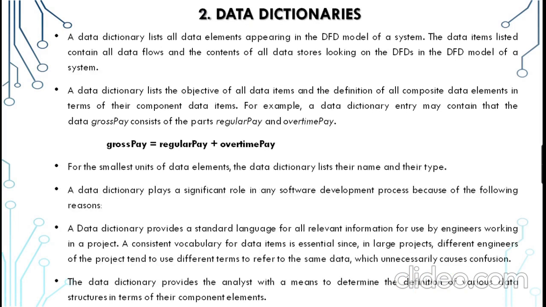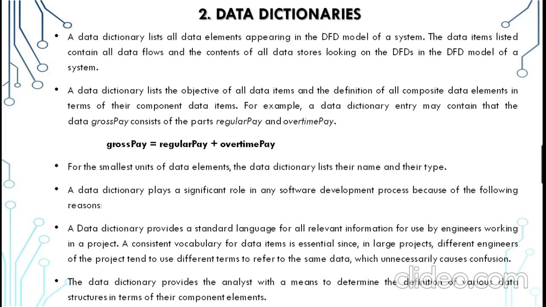Data dictionaries. The data dictionary is a collection of names, definitions, and attributes about the data elements that are being used or captured in a database, information system, or a part of a research product. Here, the data dictionary lists all the data items and the definition of all composite data elements in terms of their component data items.